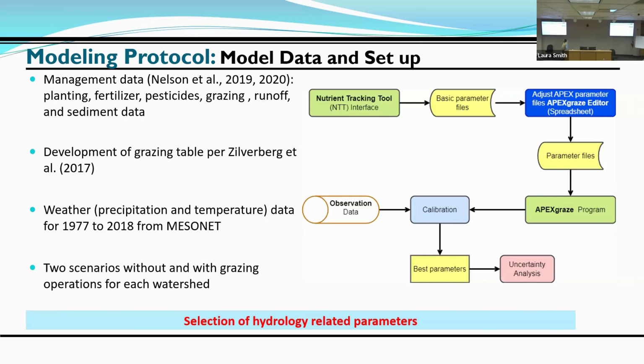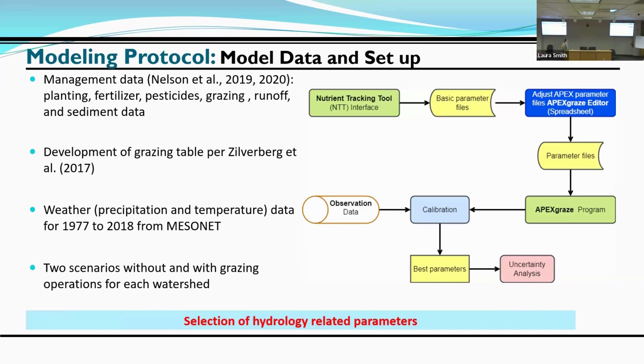They include planting, fertilizer, pesticide, grazing, runoff, and sediment data. The grazing tables developed here are almost similar to the ones suggested by Gilbert Ward et al. 2017. This study adopted weather data, precipitation, and temperature gathered from measurements for 1977 to 2018. Finally, two scenarios were developed: without and with grazing operations.